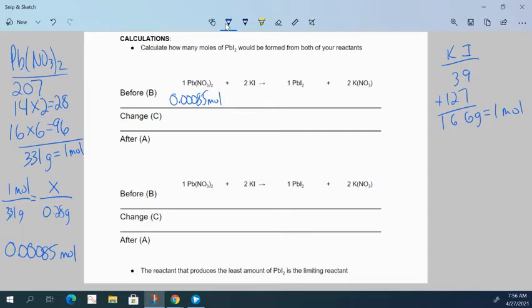So 1 mole is 166. We don't know how many moles are in 0.49 grams, but it's going to be more. So 0.49 divided by 166 is 0.0029 moles. I'm going to leave that there for a second.